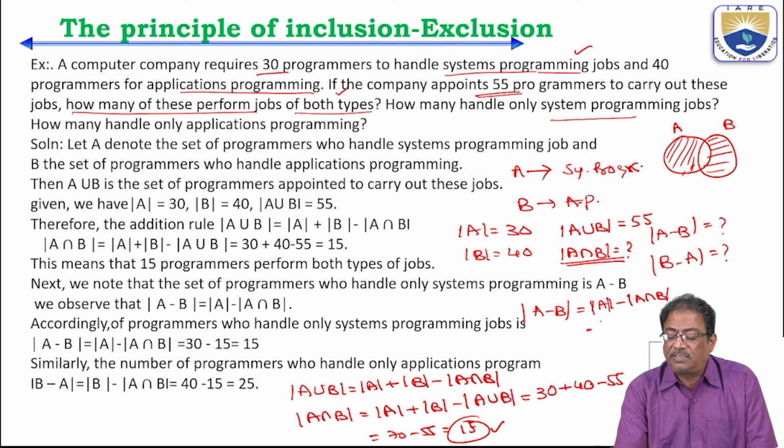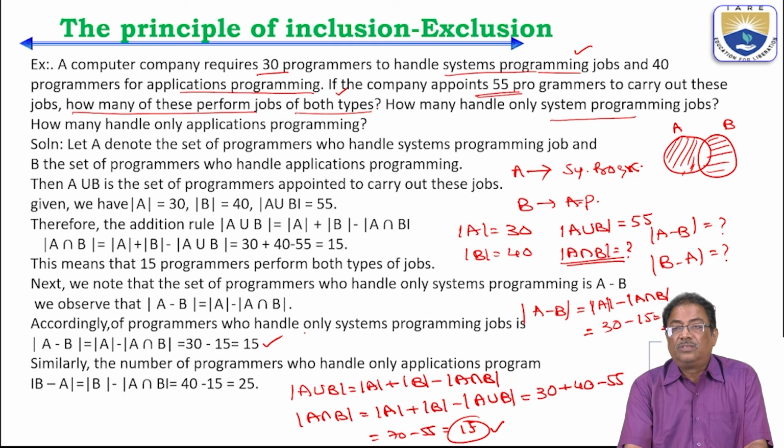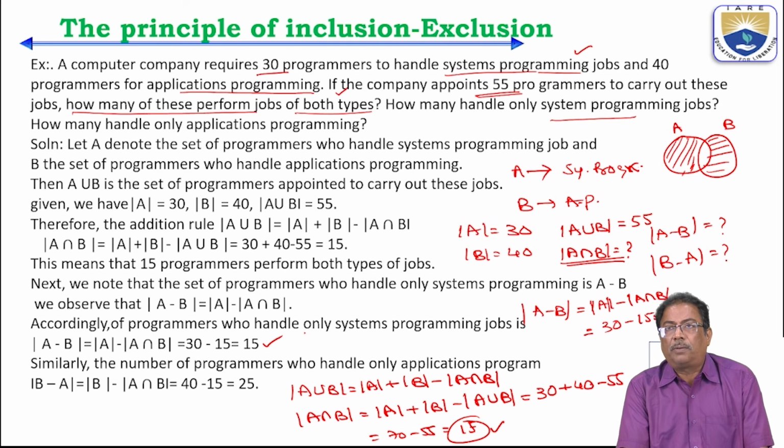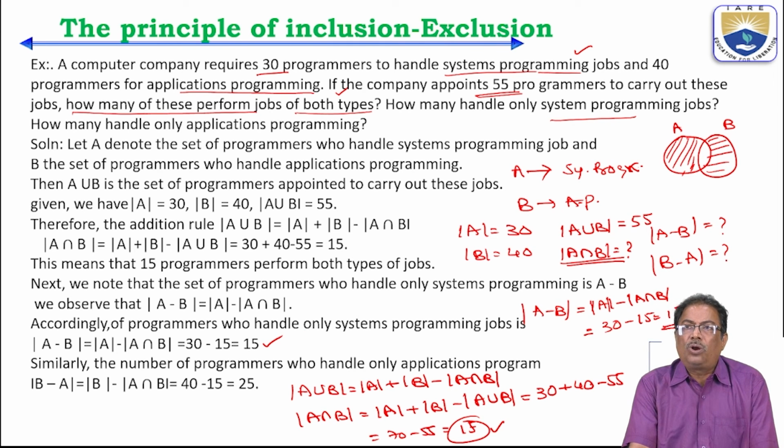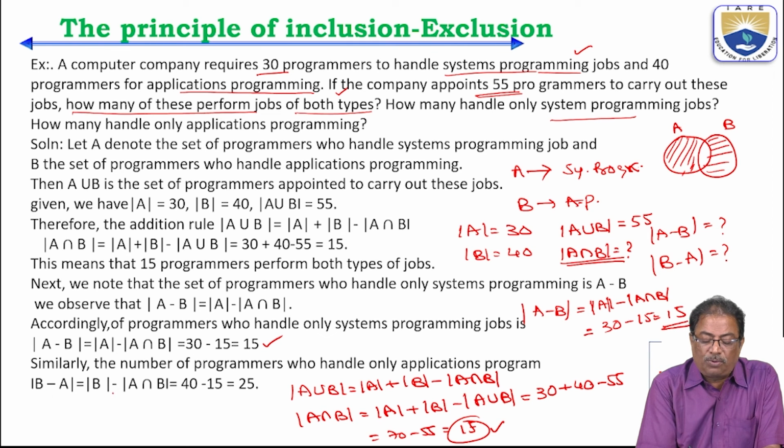So here the cardinality of A is 30 minus cardinality of A intersection B, which is 15. Subsequently we get 15. So 15 programmers can perform only the system programming jobs. And similarly, what is B minus A?